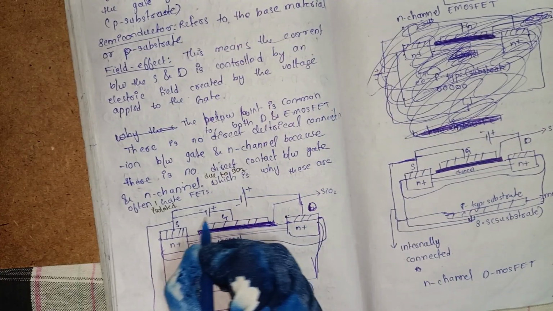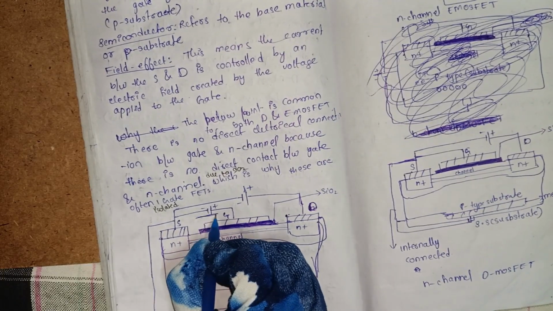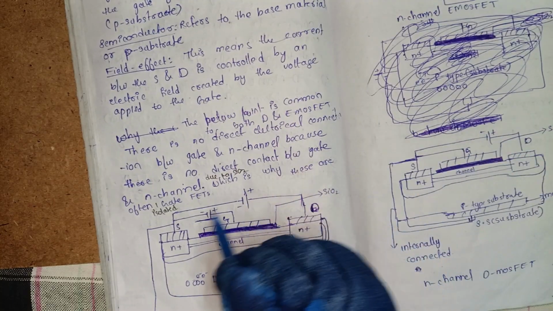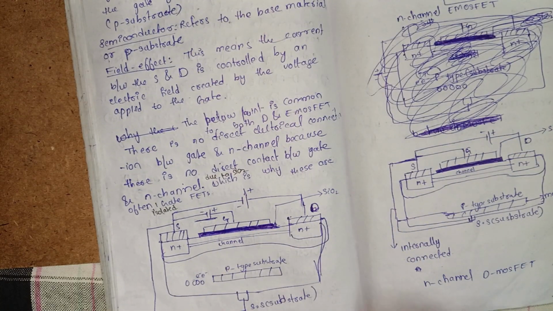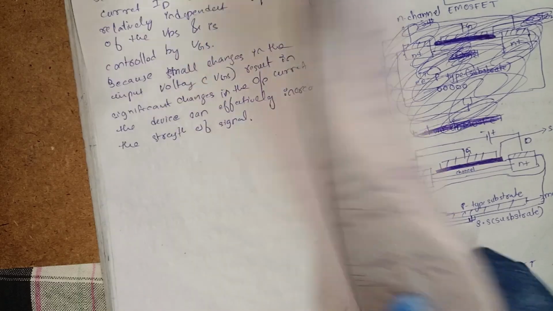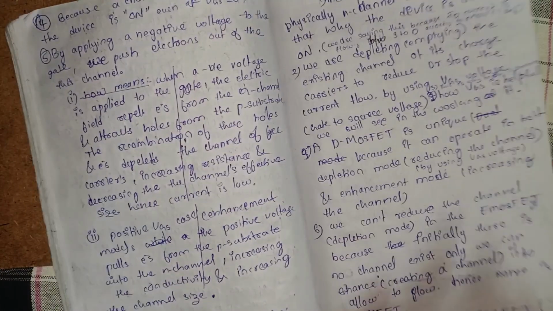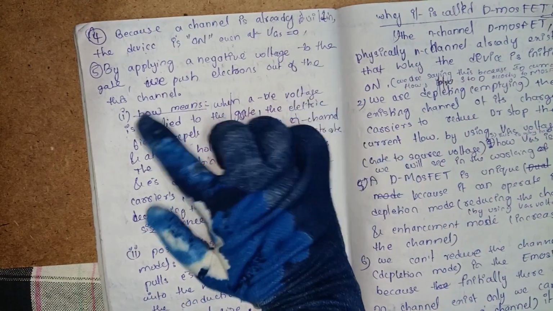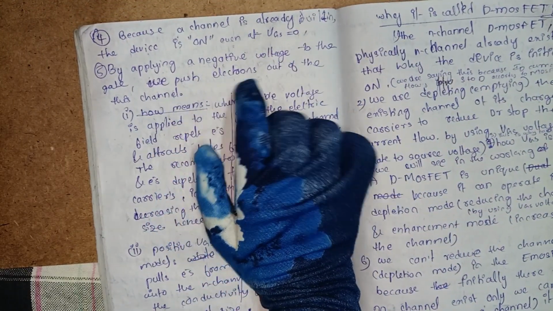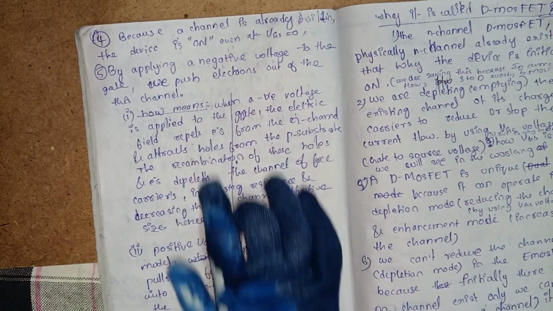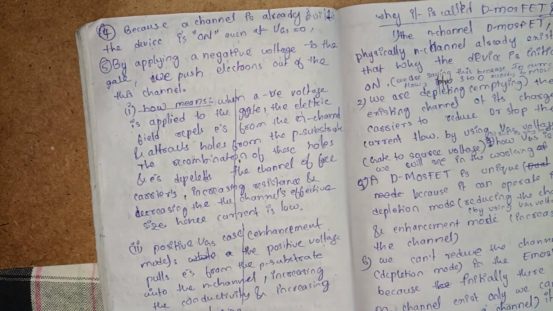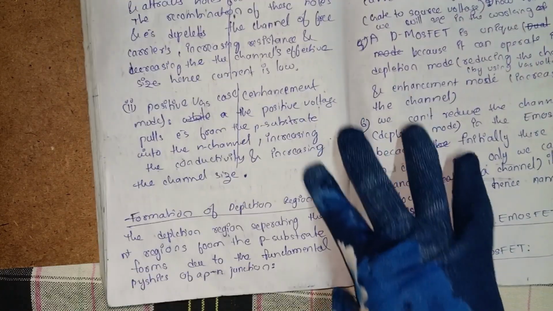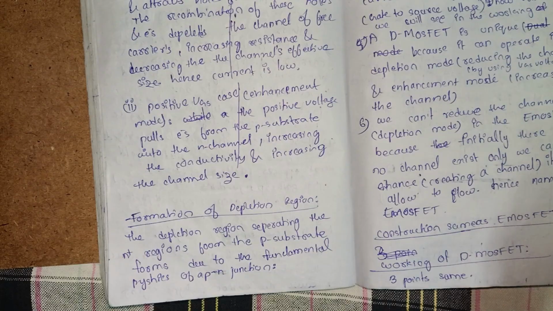If we short circuit like this, then also the current flows in the circuit. By applying a negative voltage to the gate, we push electrons out of this channel. We will see how later. First we will see how the depletion region is formed.